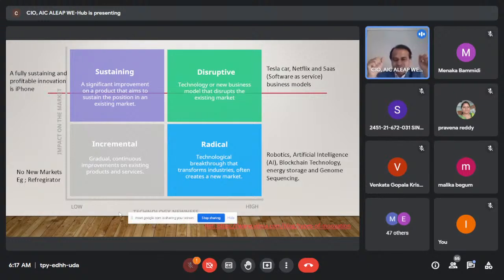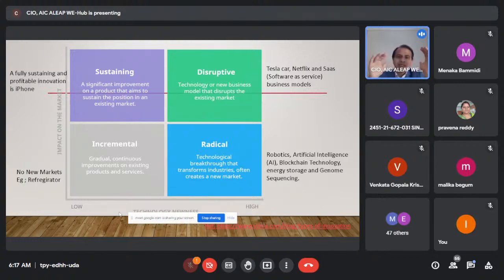For example, Netflix is also one of the best examples of disruptive innovation. People are not going to theaters now, they are viewing through Netflix on their mobile phones and laptops. That's the disruption that has been created.